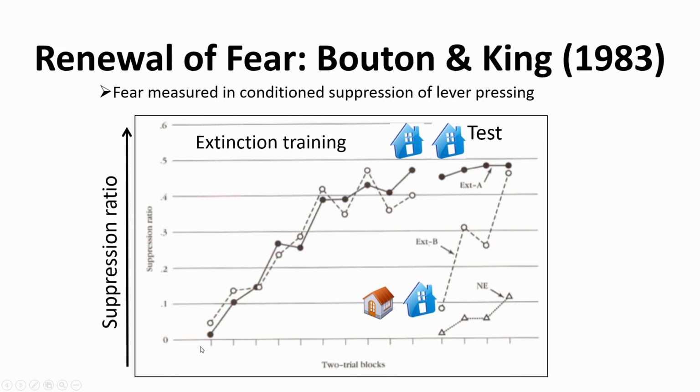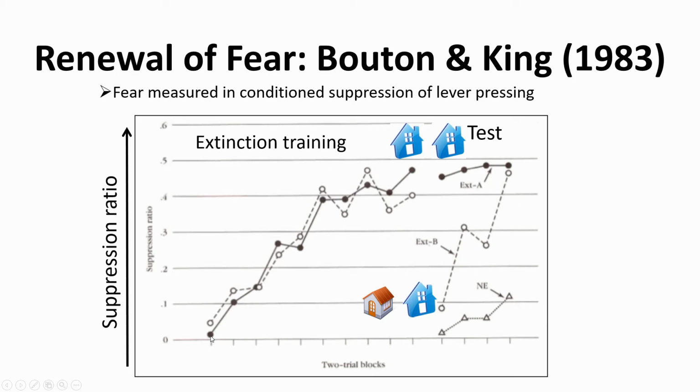So at the beginning here, this is when they're going through their acquisition. At the very beginning, after acquisition, they would show lots of freezing responses because they don't want to move because they're expecting to get a foot shock. From this point onward is when they would go through extinction training.